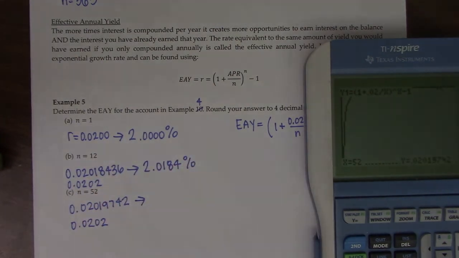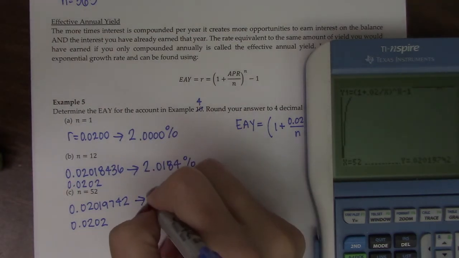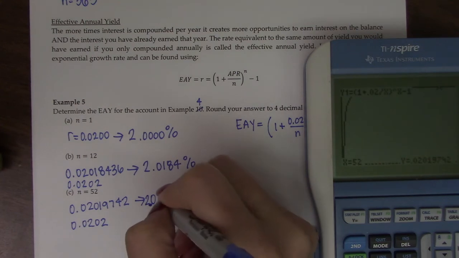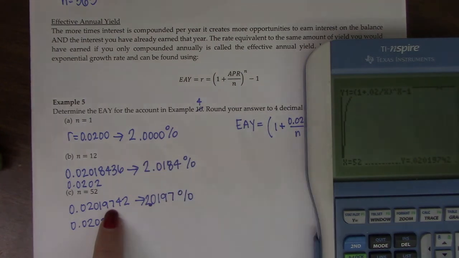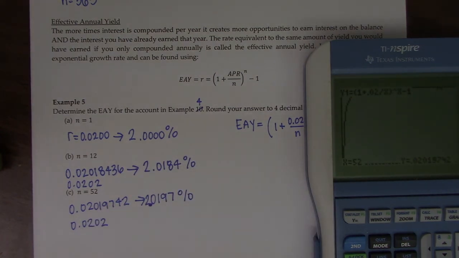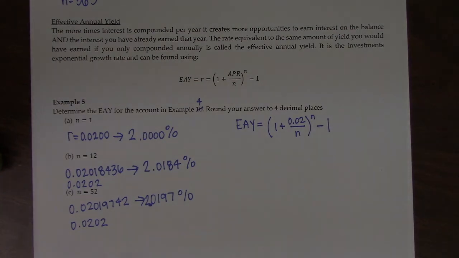But if I'm asked to take it to a percentage, you convert first. So that's 2.0197, and the digit after that is a 4, so we would just keep it a 7. So 2.0197%. If you're going to convert the raw number, then round. If you're told to just give the rate in decimal form, you write it out and then round to the required digit.